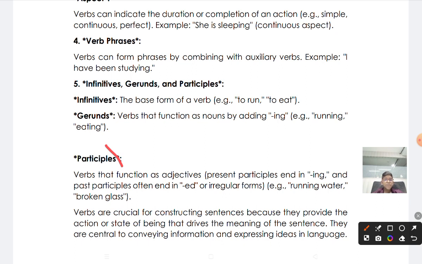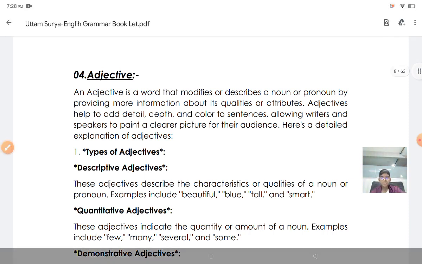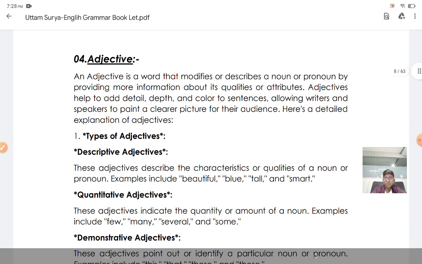Verbs are crucial for constructing sentences because they provide the action or state of being that drives the meaning of a sentence. They are central to conveying information and expressing ideas in language. So, next is adjective.